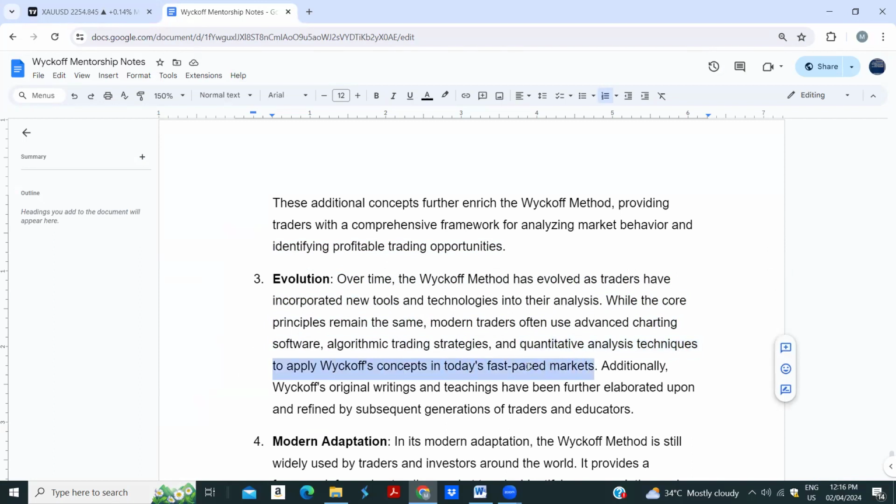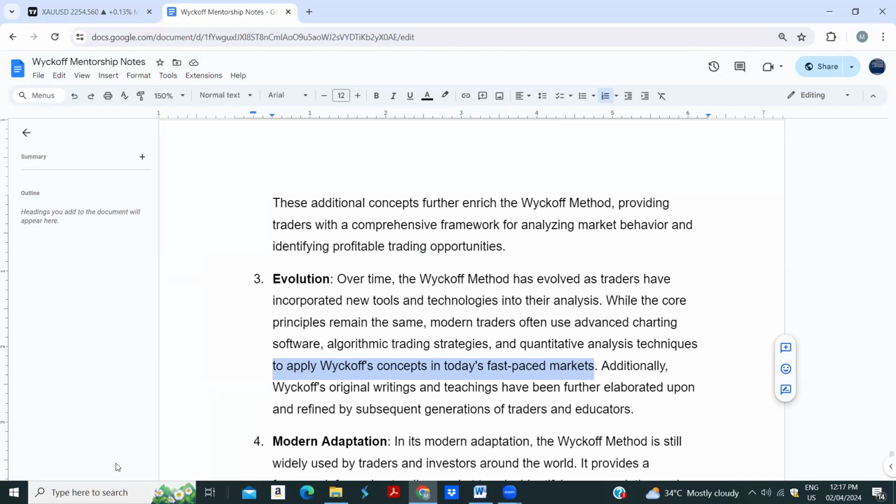So what is the evolution today? This method is over 100 years old, but the market has evolved and the traders have evolved, so the Wyckoff method has also evolved over time. Now it has become more advanced.